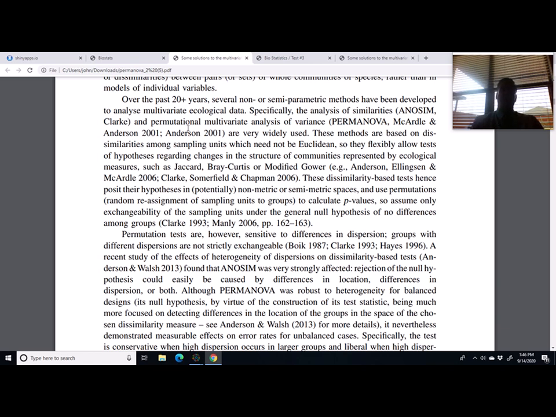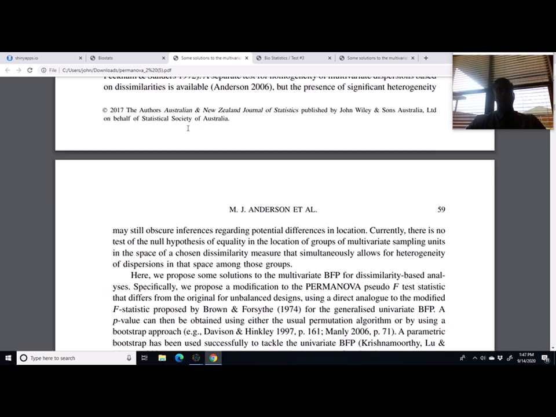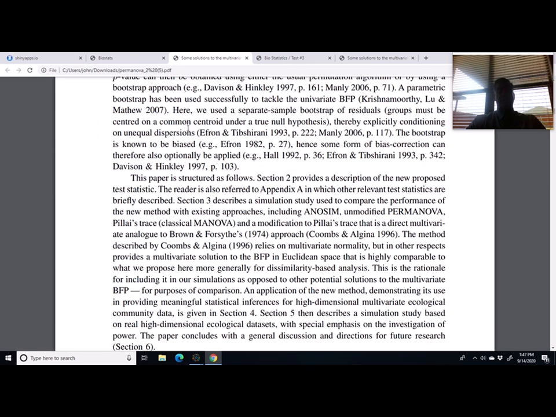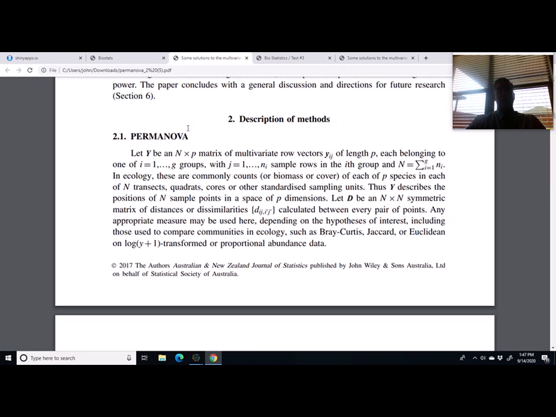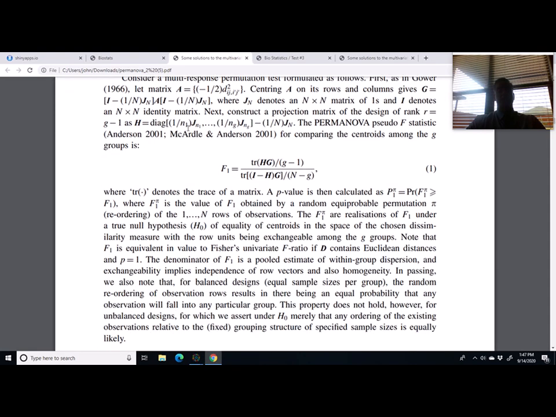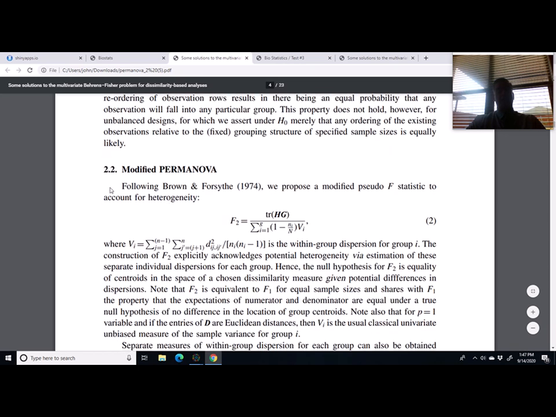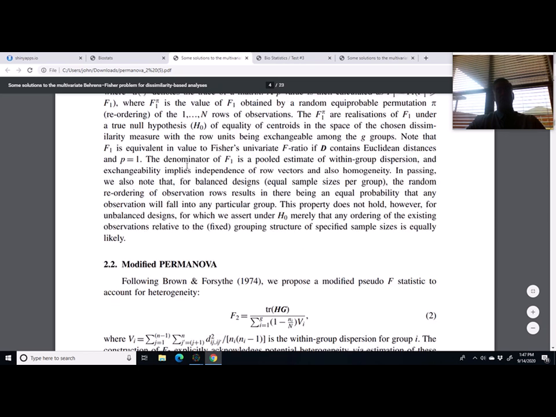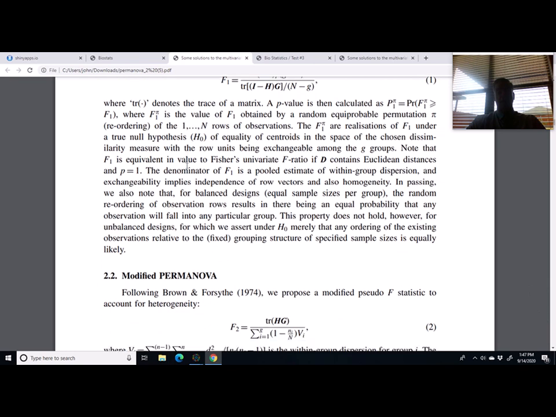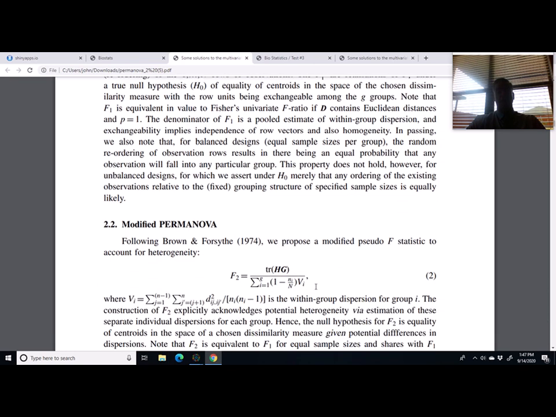And so what we have here in the next section is, here they're describing the original one. Then they introduce this modified Permanova where the denominator is different now.